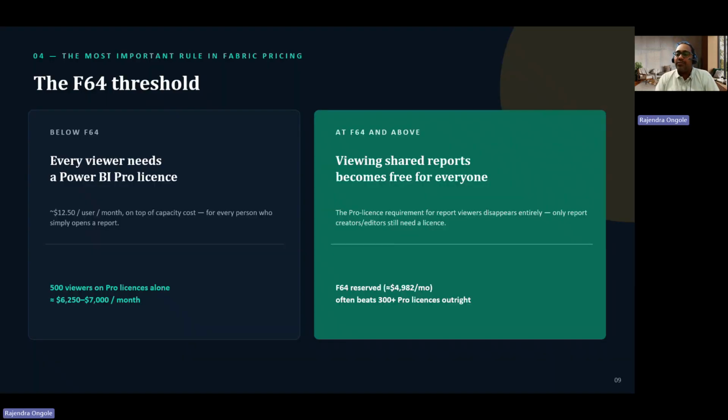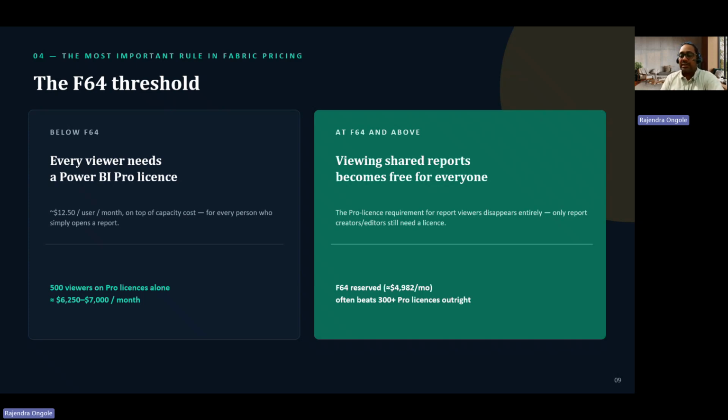F64 threshold. Every viewer needs a Power BI Pro license if it is below F64. That means every stakeholder is going to have a Pro license required. Similar example again: suppose you're working with a bigger organization, 500 viewers who need a Pro license.